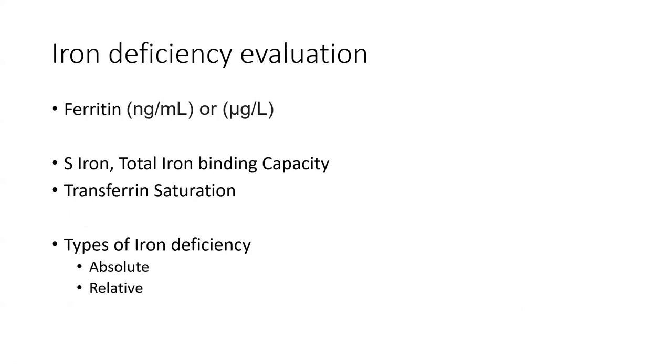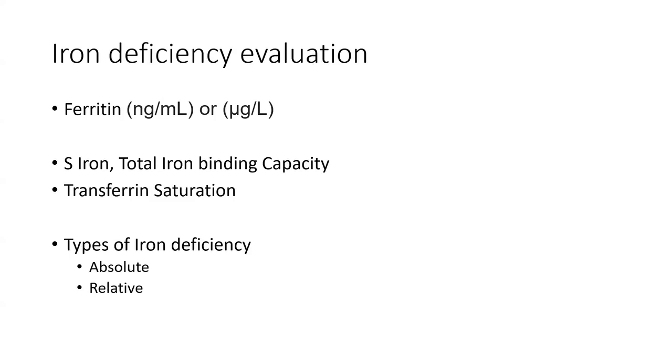So for the evaluation of iron deficiency, there are two sets of investigations: ferritin and transferrin saturation. Now ferritin has survived the evolution, I should say, because ferritin is the storage form of iron even in the prokaryotes. In bacteria also, ferritin is the main storage form of iron.